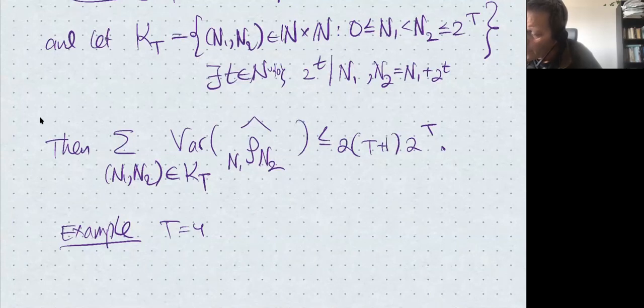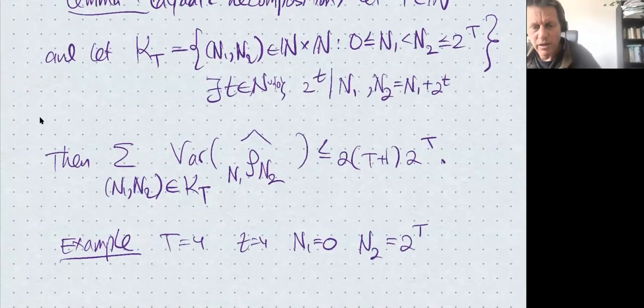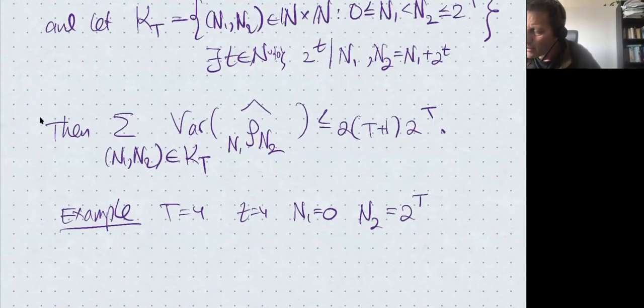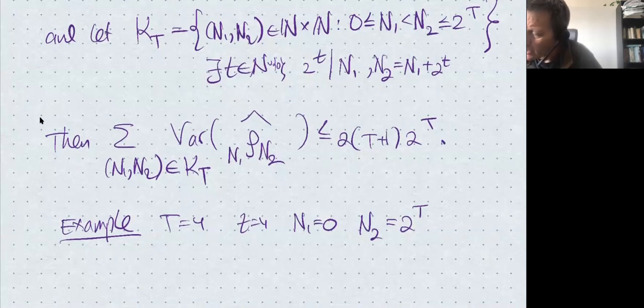And the biggest one is 4, and the smallest one is 0. So let's start with 4. If little t is 4, I can take n1 to be 0 and n2 to be 2 to the t, and they satisfy everything that's in the statement. And that's the only possibility. See, the numbers are between 0 and 16, and 2 to the 4th is 16. So the only possible choices satisfying this are these two numbers.